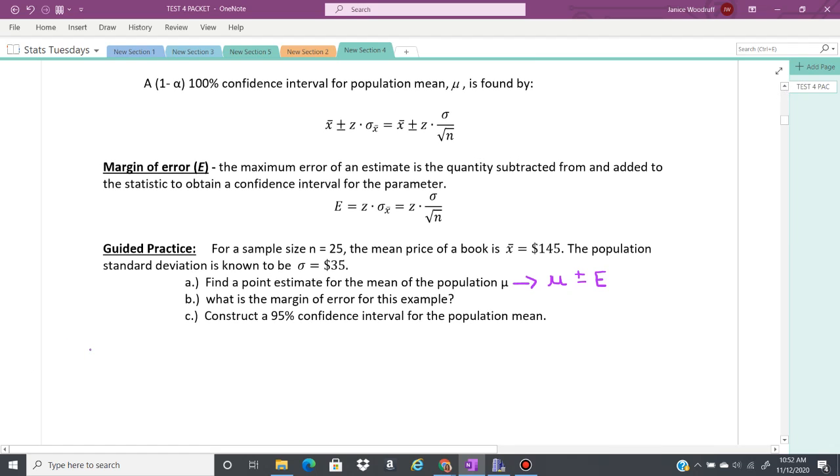It will be given by the standard deviation of the population, which is 35, over the square root of our sample size, 25. So that's 35 divided by 5, which gives us 7. To find the margin of error, we need the Z value times the standard deviation.